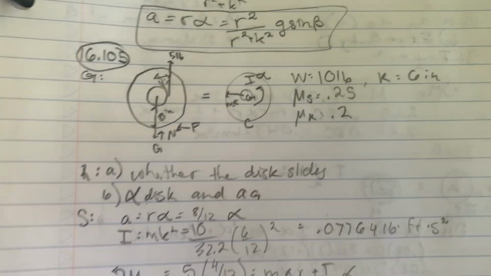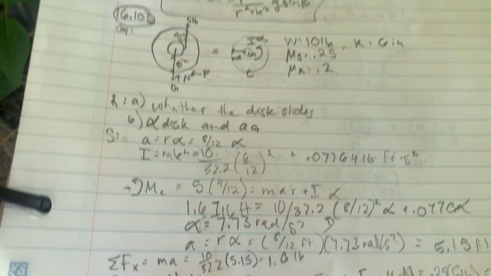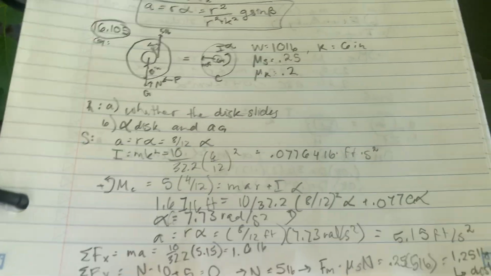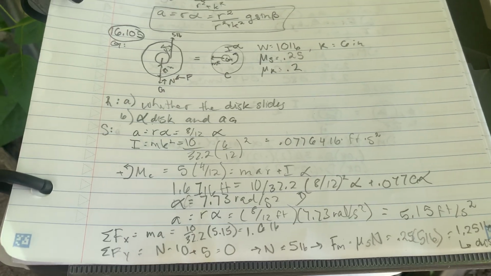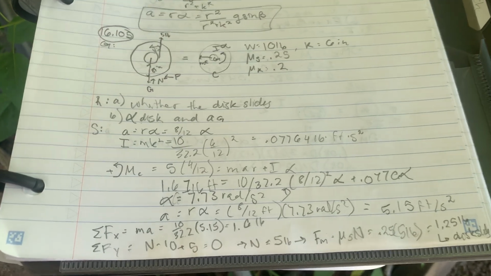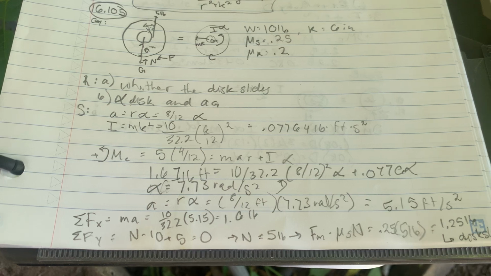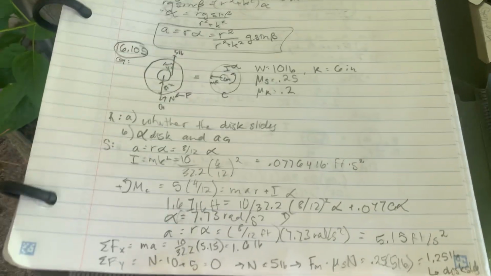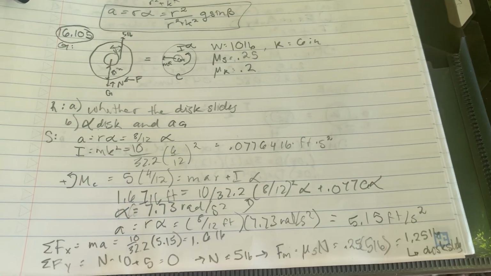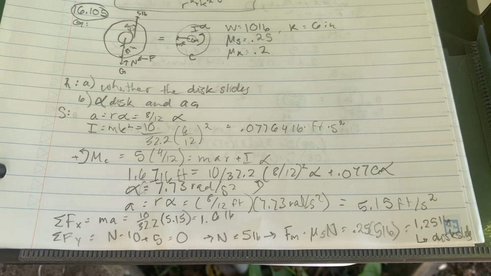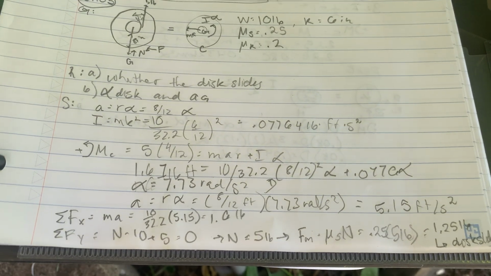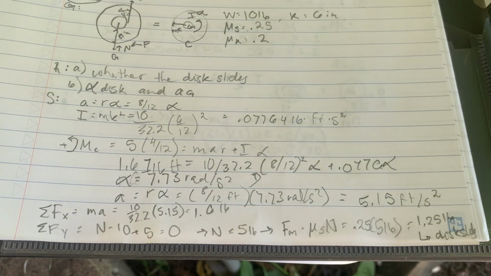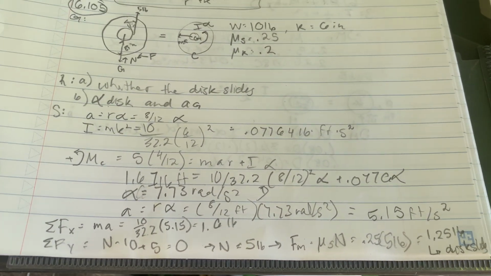The next problem, we are trying to determine whether the disk will slide, and the angular acceleration of the disk and the acceleration at G. To determine if the disk slides, we first assume that the disk will slide, and solve for the friction forces, assuming that it will slide.